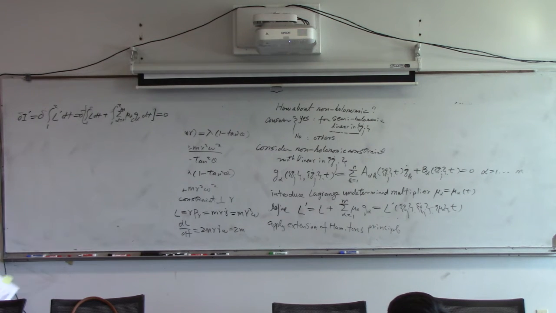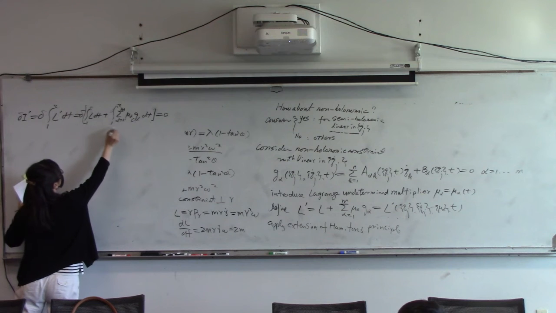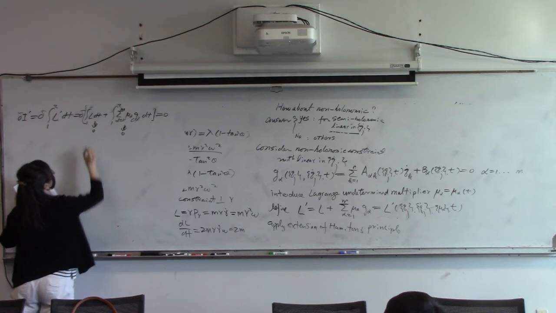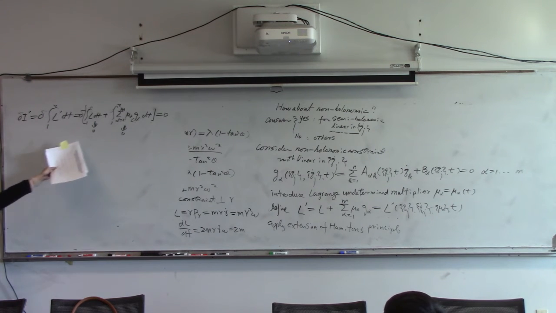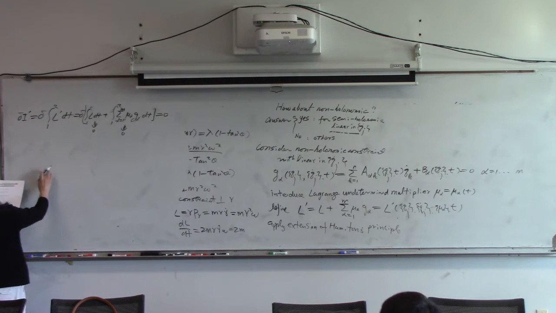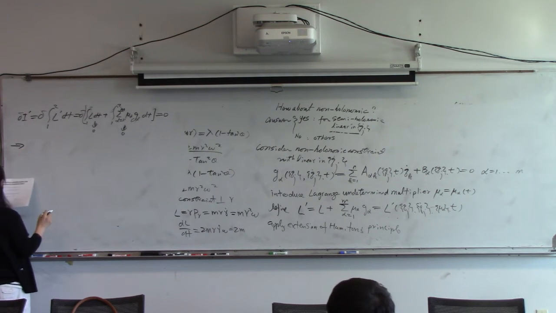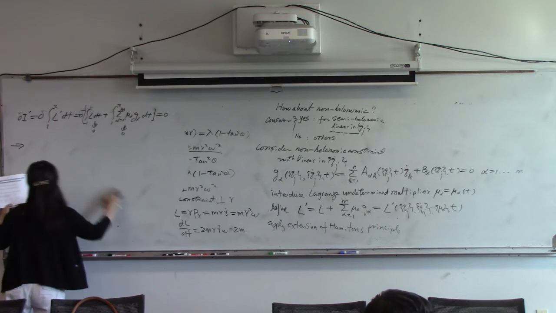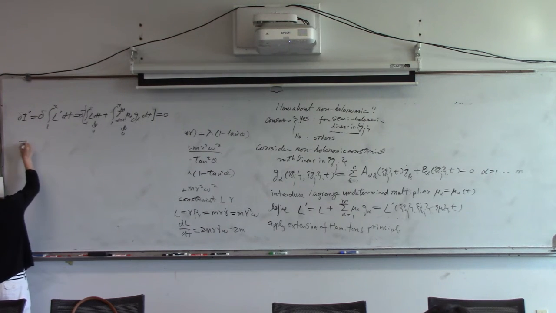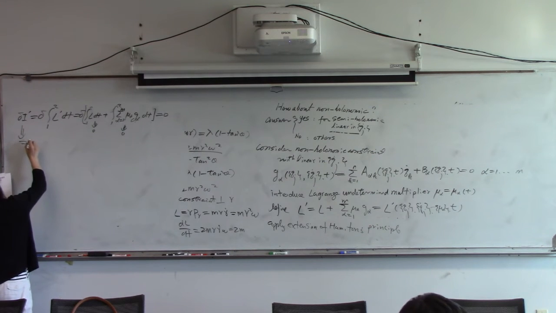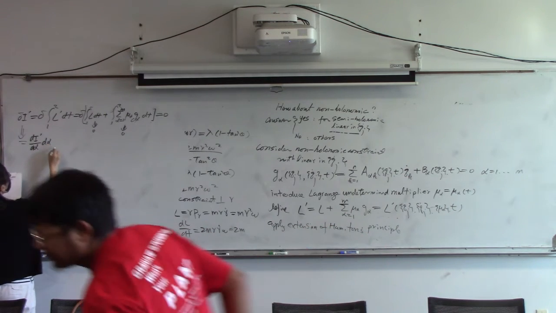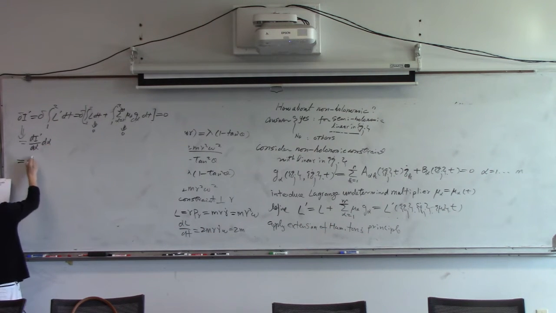We know the second one is 0 because the integrand is 0, and the first is also 0 because it is Hamilton's principle. So now we reach the variation of I prime with respect to alpha.